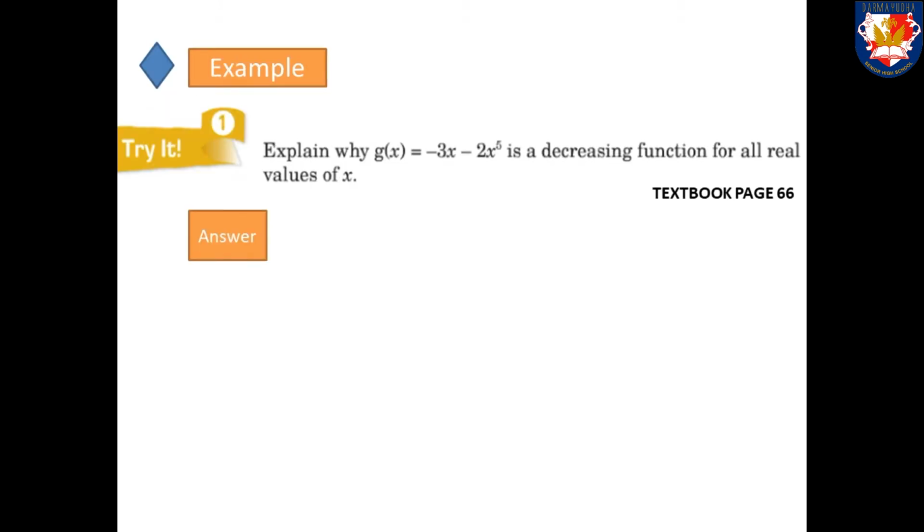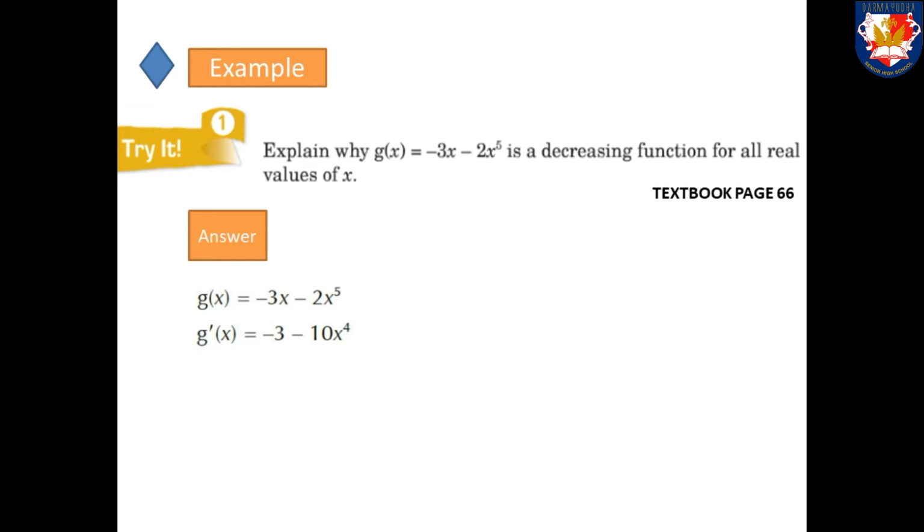Here is an example. Explain why g(x) equals minus 3x minus 2x to the power of 5 is a decreasing function for all real values of x. g(x) is a decreasing function when g'(x) is less than 0. That's what we are going to look for. So g(x) equals minus 3x minus 2x to the power of 5 and g'(x) equals minus 3 minus 10x to the power of 4.